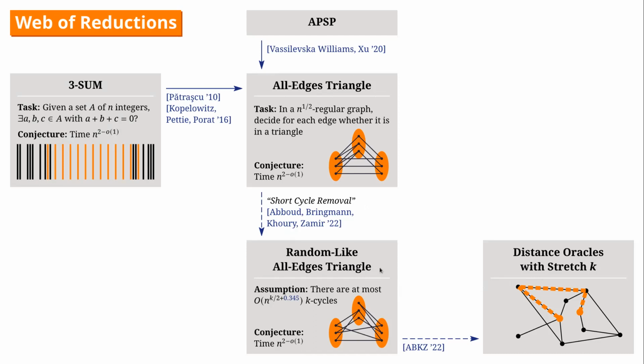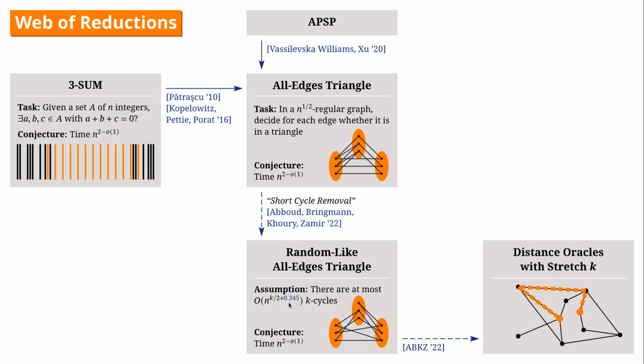So what do I mean by random-like all edges triangle? Well, it's the same problem, but in some sense, the graph feels more random-like. And very specifically, that means that it contains only few k-cycles, namely roughly as many as a truly random graph would contain. So they could prove that actually this problem reduces to a graph with at most n to the k over 2 plus this constant many k-cycles.